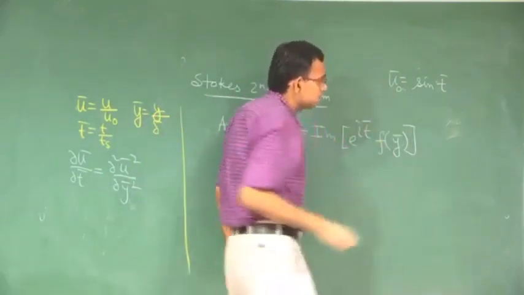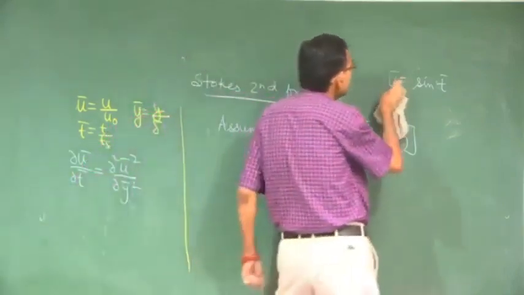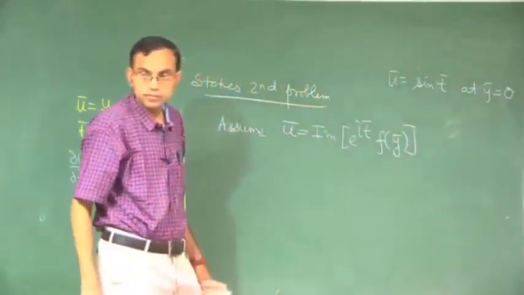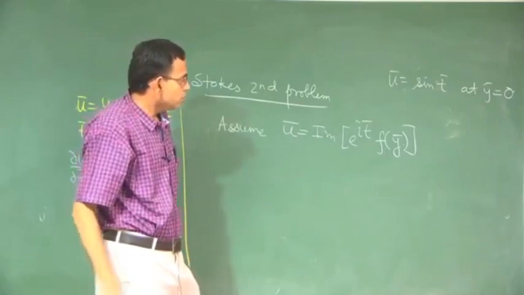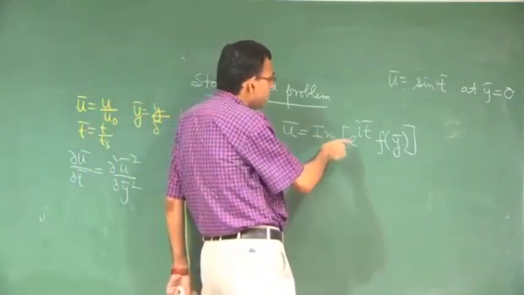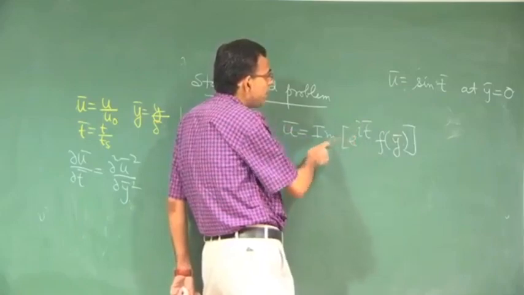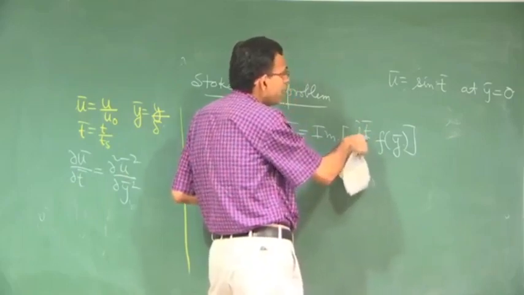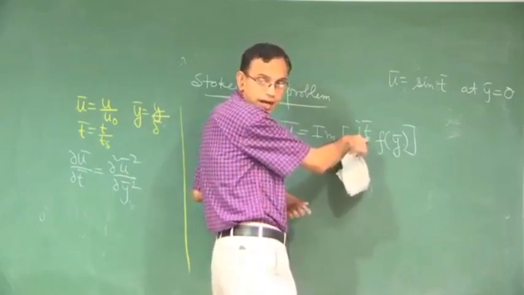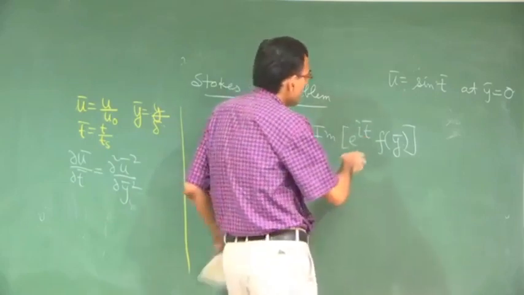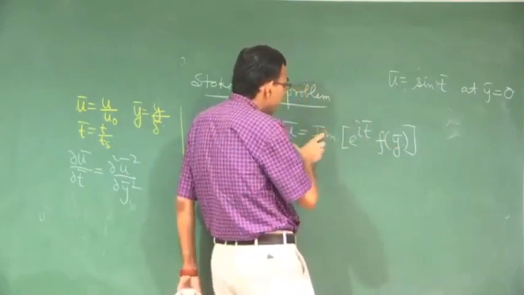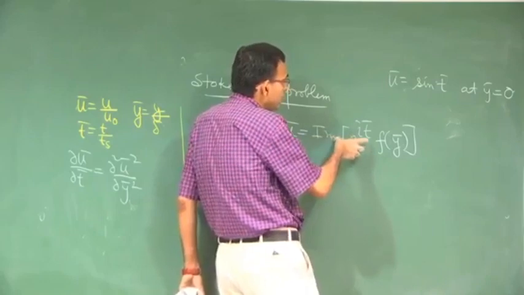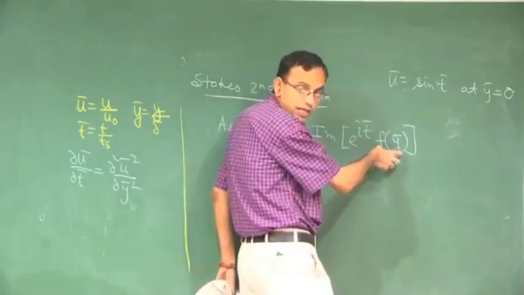Okay, so sin t is the imaginary part of e to the power I t, because e to the power I t is cos t plus I sin t, right. And then you can adjust to the boundary condition by noting that u bar will be sin t if f(y) is equal to 1.